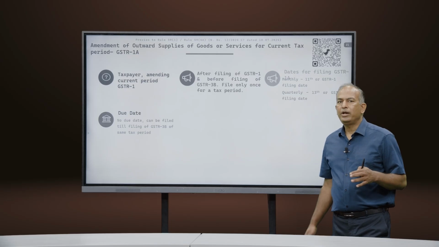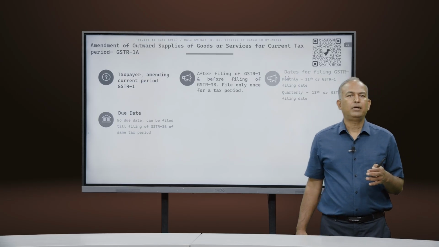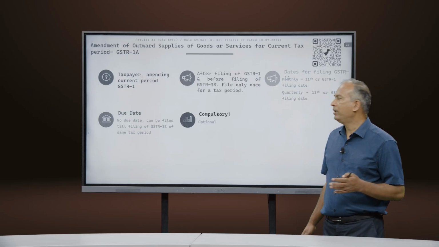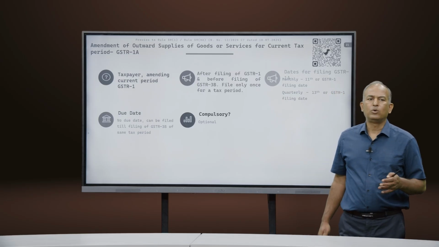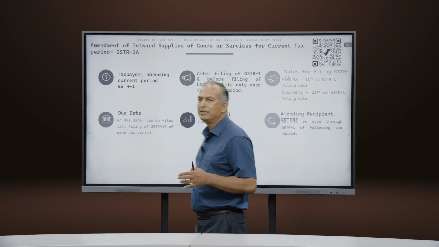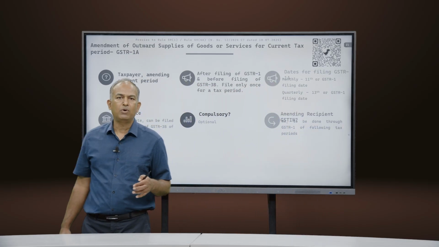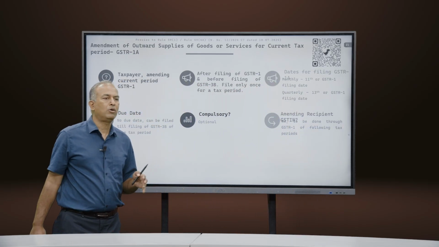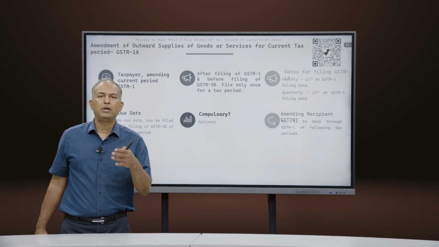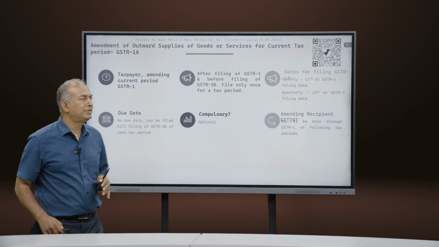Now, is there a due date? There is no due date except the fact that it has to be filed before the filing of the GSTR 3B for the current tax period. Is it compulsory? No, it is optional. Is it possible to amend a recipient's GSTIN in the GSTR 1A? It is not possible. The only option is that you have to amend it in table 9A of the subsequent GSTR 1.